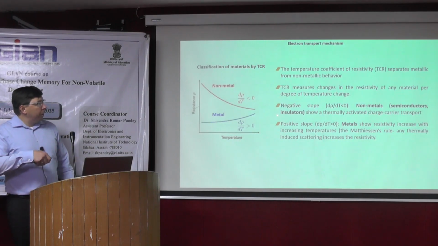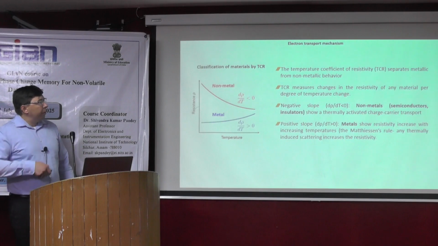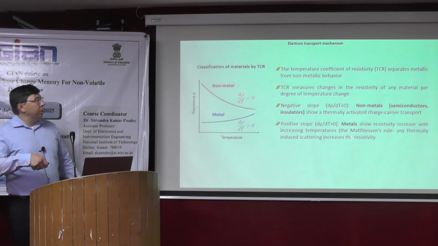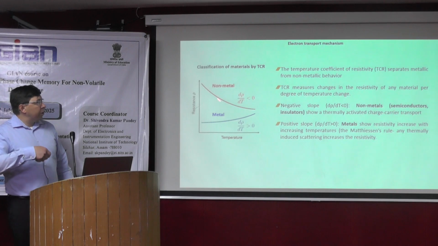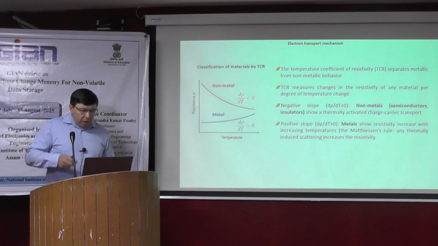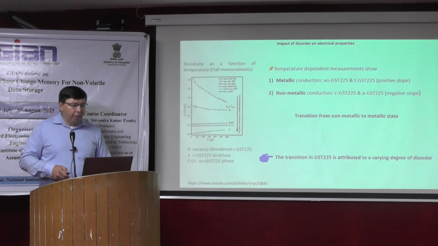If the slope of resistivity is positive, then the material is a metal. So metals show a resistivity increase with the increase in temperature, and non-metals show thermally activated charge carrier transport.